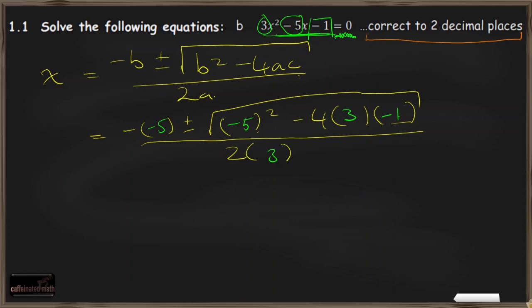Remember, this is still a quadratic equation. Well, once we resolve that just using our calculator, we should have that x is equal to 1,85 or x is equal to -0,18. As you can see, 2 decimal places.